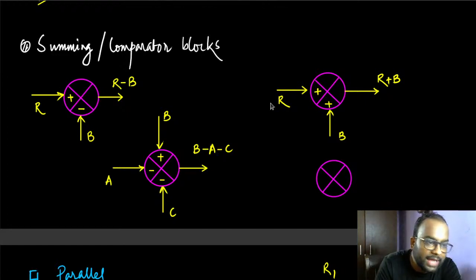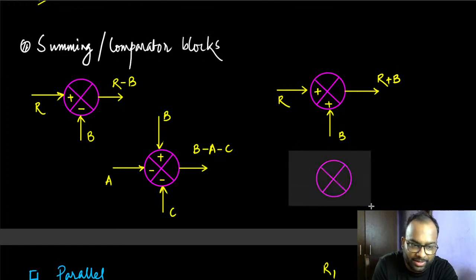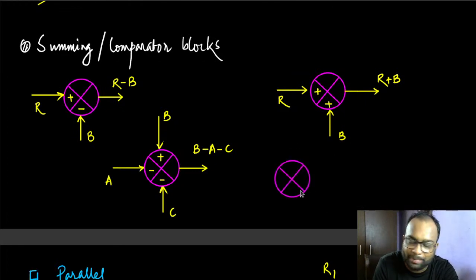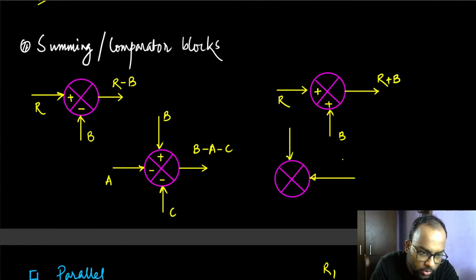I'm just giving you examples. There can be infinitely many possible options here. For example, the arrows can be in any possible direction. The arrows going in are the inputs to these blocks, and the arrows going out are the outputs of the block.